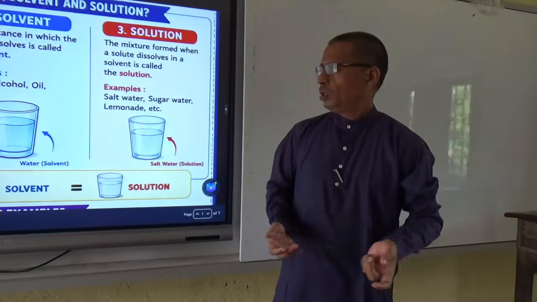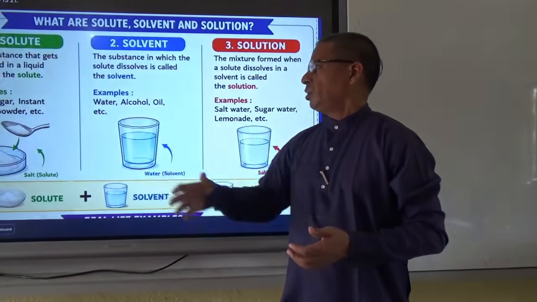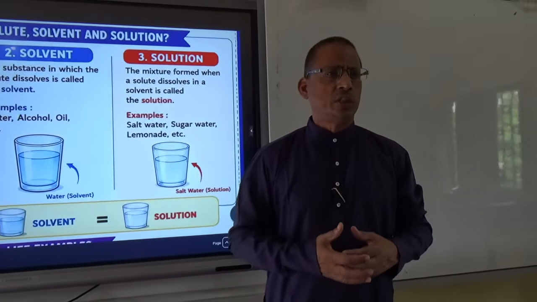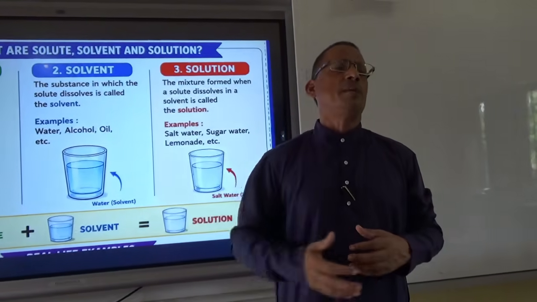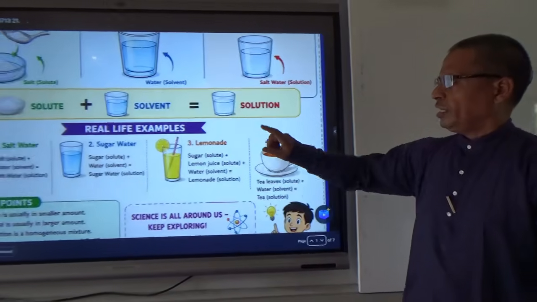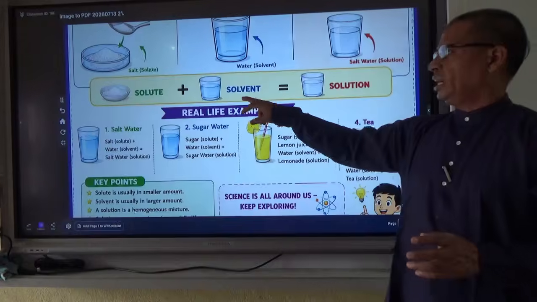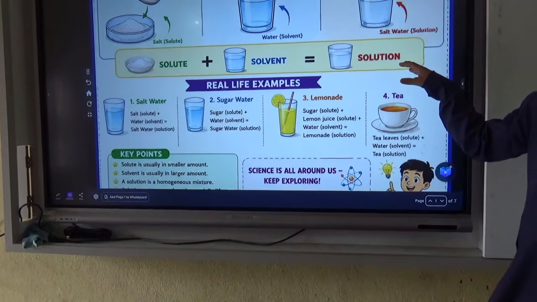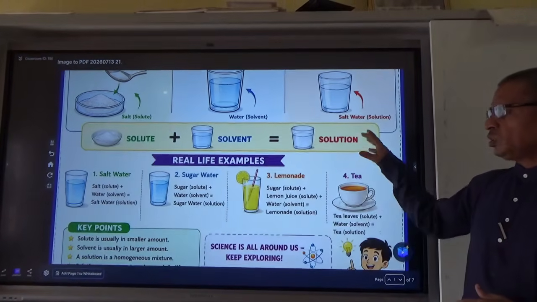And solvents are very commonly water, but for organic substances you want to dissolve, we use alcohol and some benzene compounds. Okay? And now you name this formula: solute plus solvent equals solution.